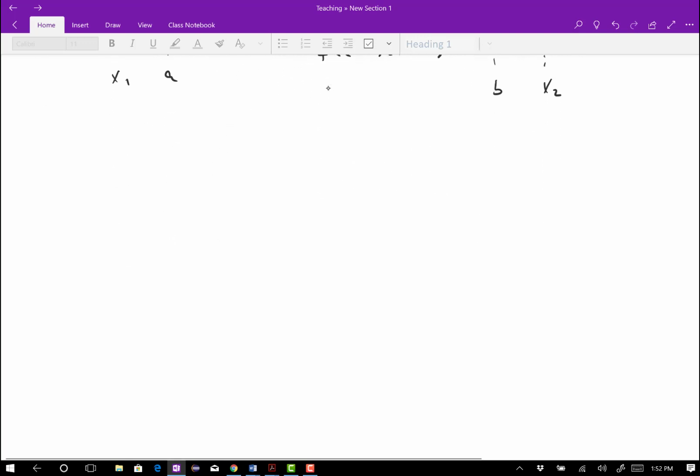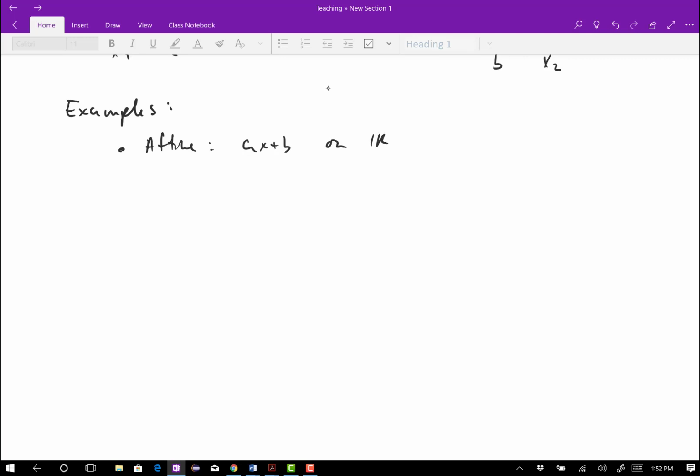Let's look at some examples of convex functions. Affine functions: ax plus b on R, for all a and b, are affine.